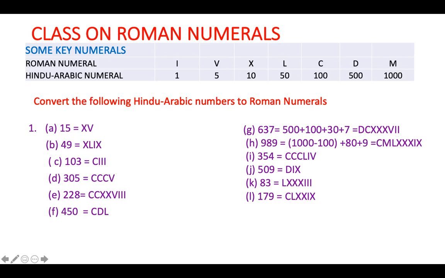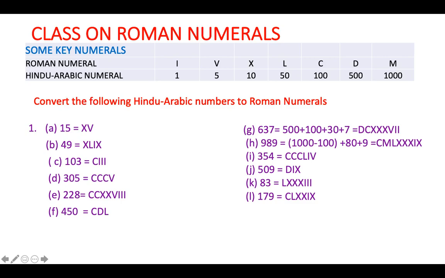So first, when we are going to learn Roman numerals, it will be easy for us if we keep one thing in our mind, that there are at least seven key numerals.